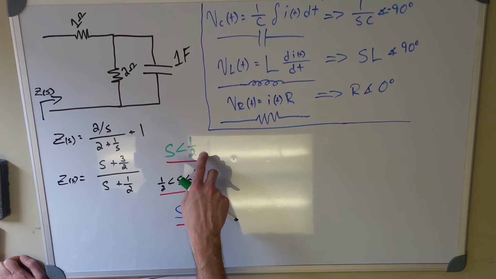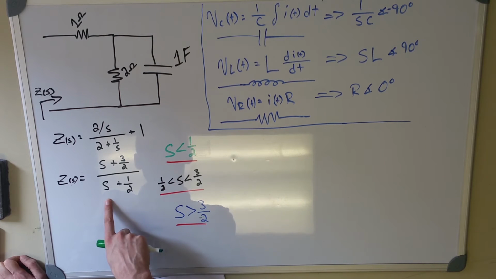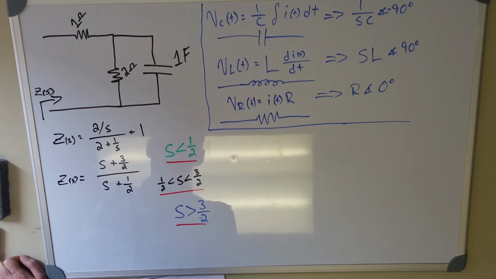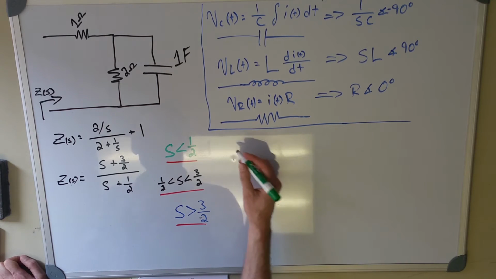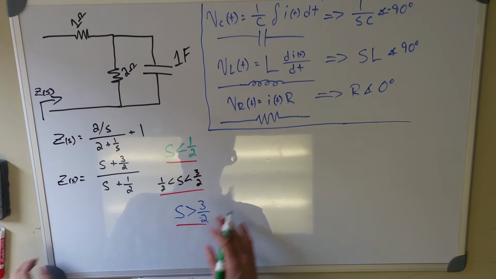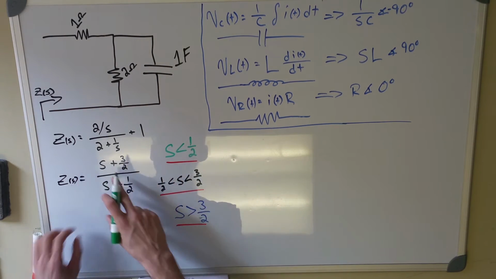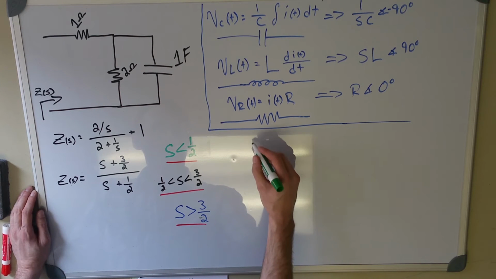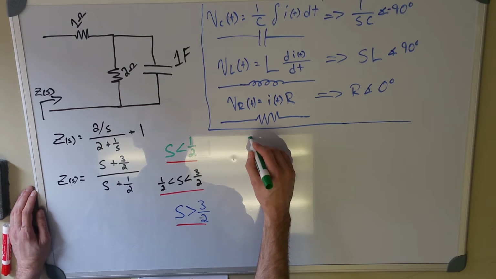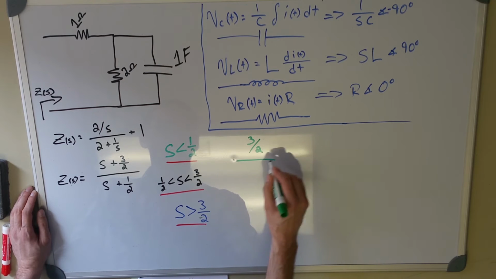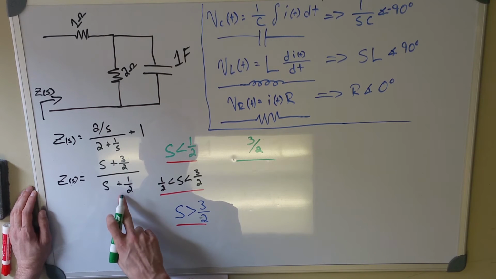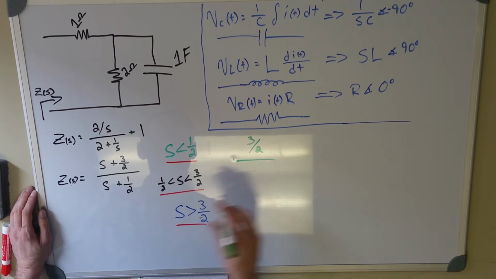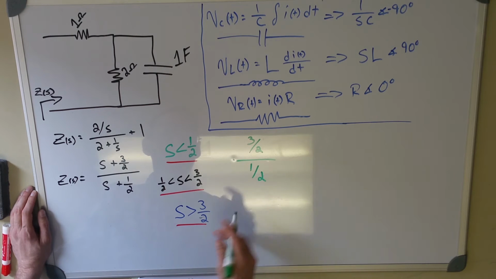So at 1/2, when S is less than 1/2, what will this function do? Looking at it here, you can say that the 3/2 is far greater than the 1/2. So your numerator will be 3/2. It's less than the 1/2, so the 1/2 will dominate.